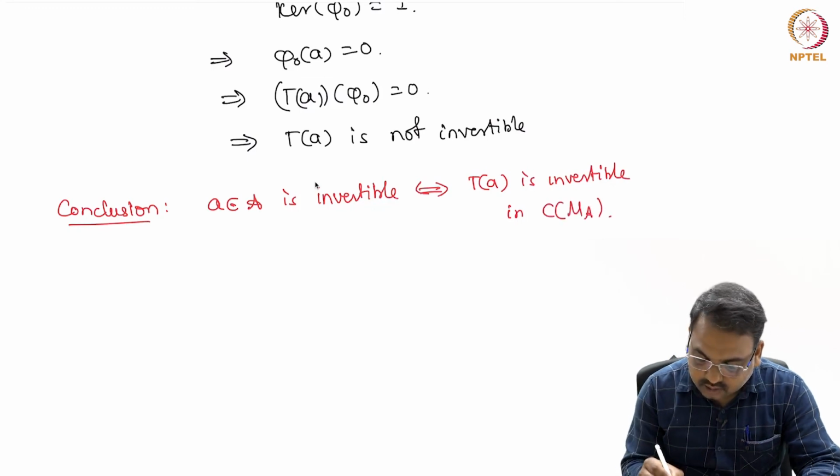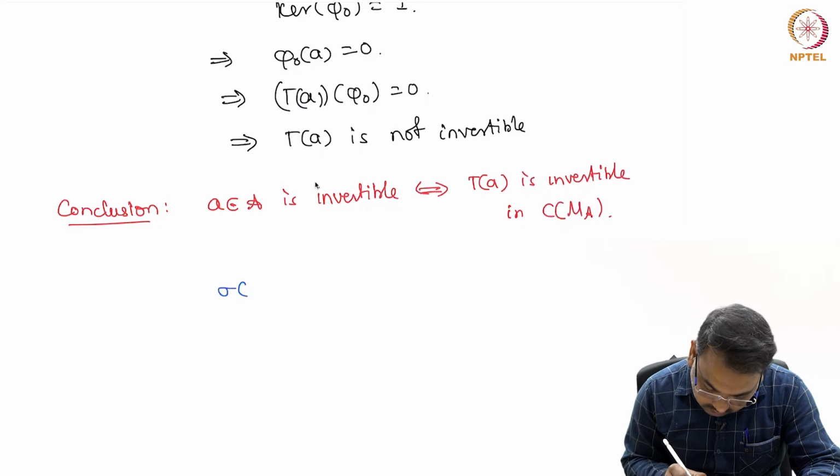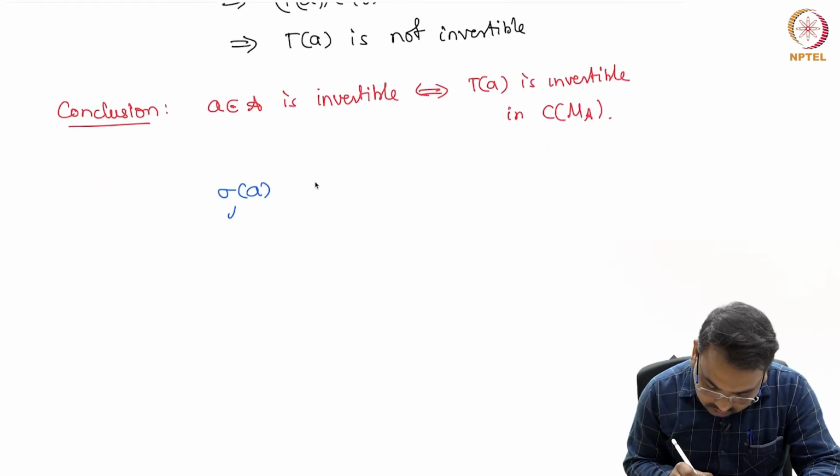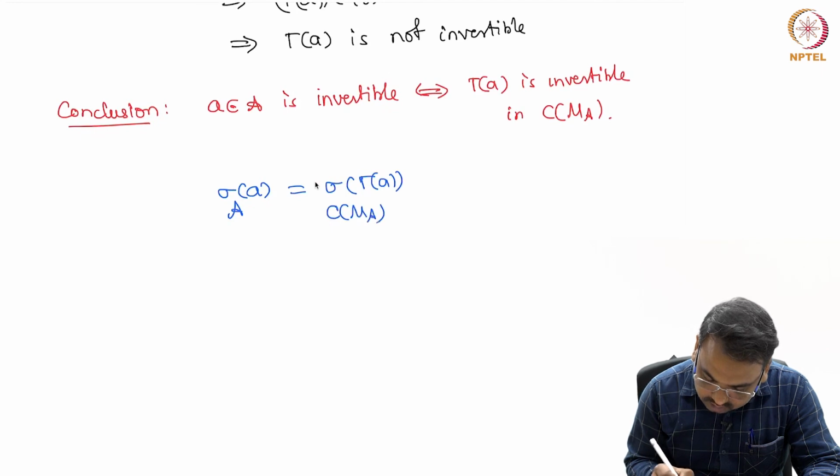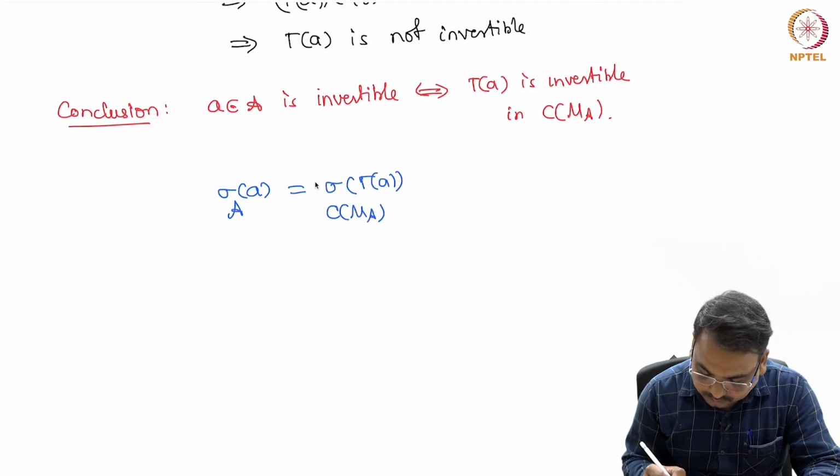So from this we can conclude that the spectrum of A with respect to the algebra A is nothing but the spectrum of gamma A with respect to the algebra C of MA.